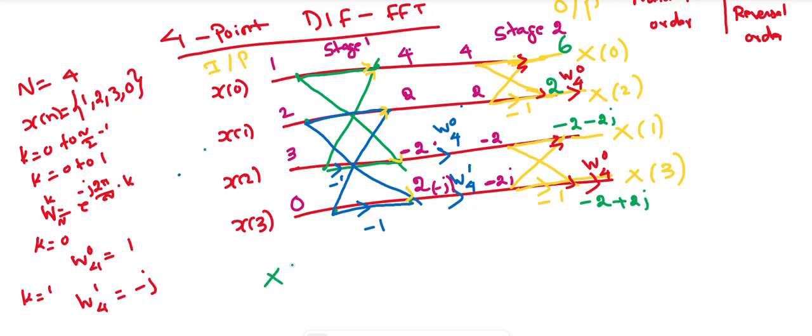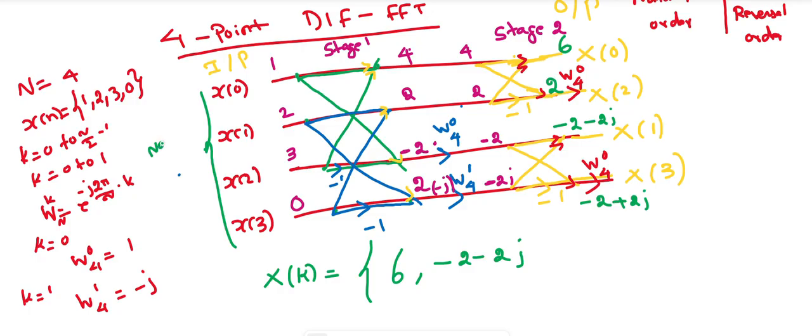Now you can write X of k is equal to: X of 0 is 6, X of 1 is minus 2 minus 2j. While writing, this is bit reversal order. Output is, this is natural order, this is bit reversal order.